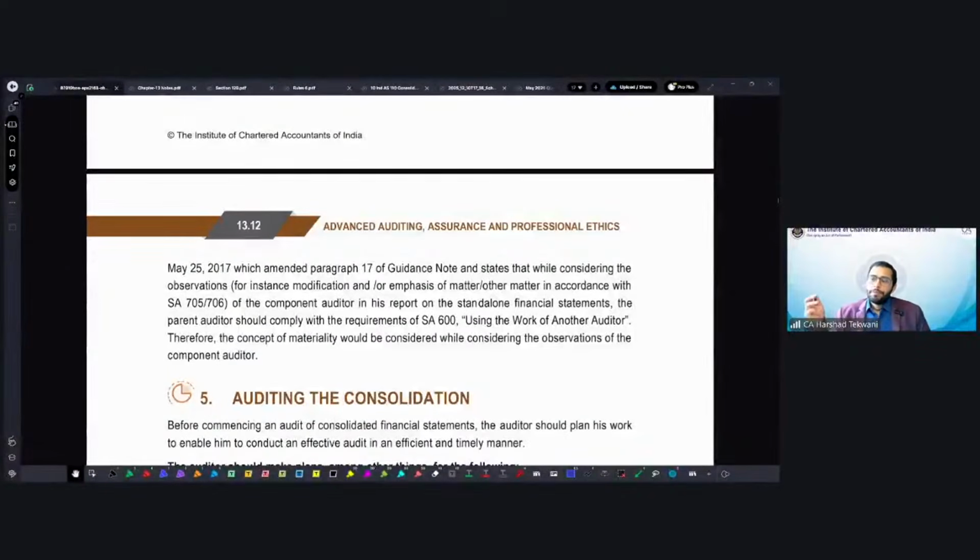So let me tell you, the permanent consolidation adjustments are the adjustments where you determine the amount of goodwill or capital reserve when you acquire. Second, you determine the amount of equity attributable to the minority and non-controlling interest. Remember, we have already seen the minority in Division 1 and the non-controlling interest in Division 2.